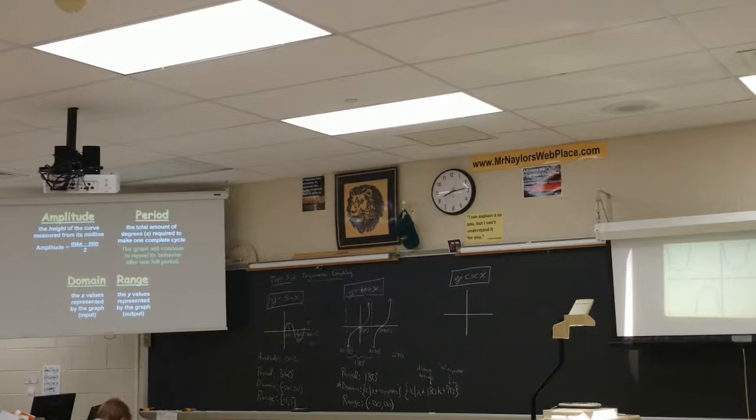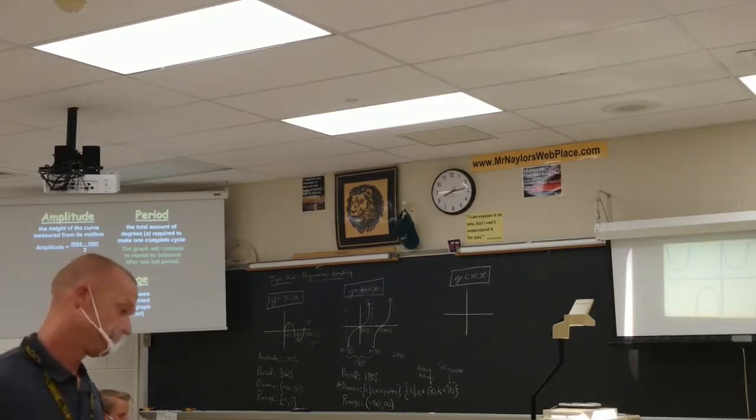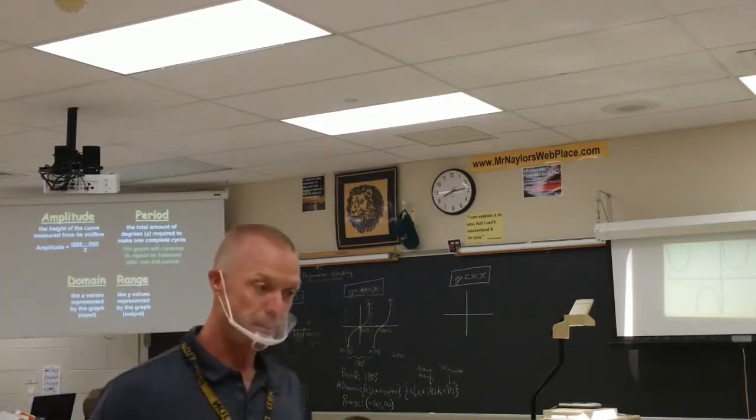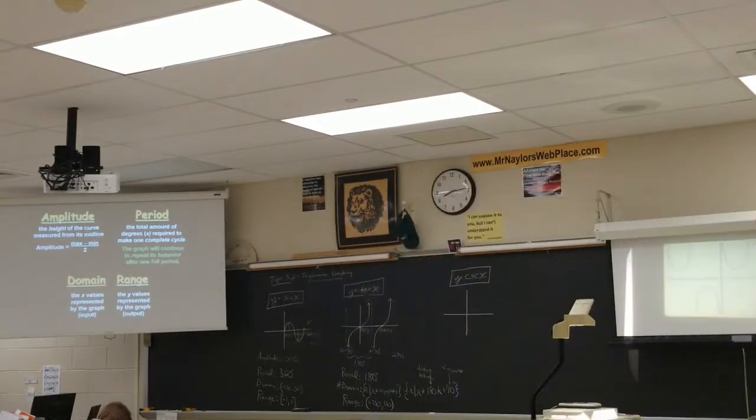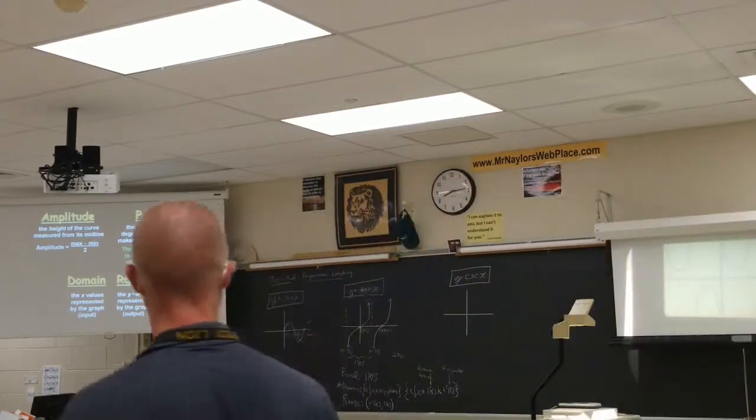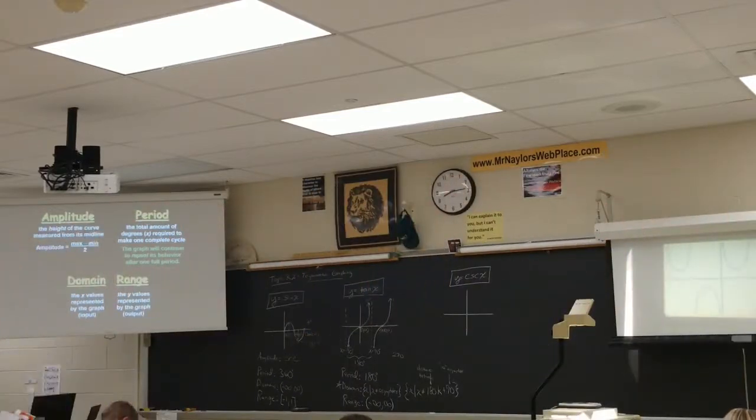Did you label them with a number? Are you trying to come up with the amplitude, period, domain, range? Those would be things that you can try to put in your notes. If you're hesitant because you don't want to write the wrong thing, well, at least think about the answer.